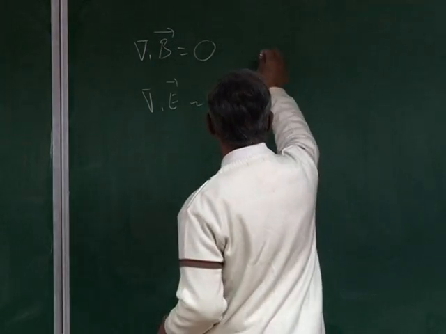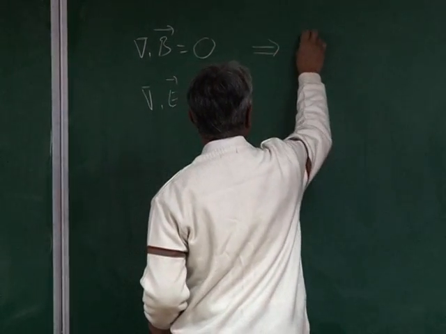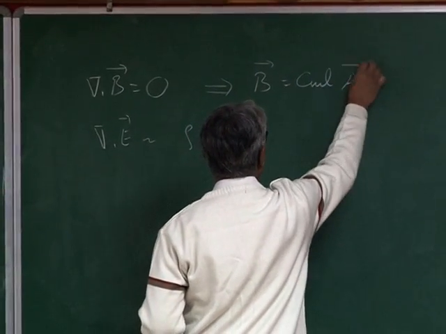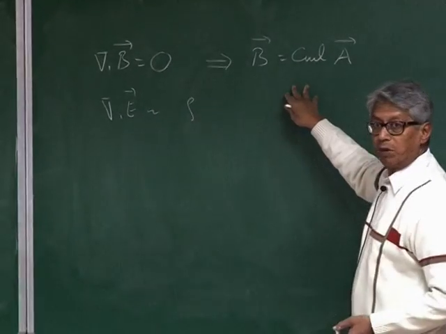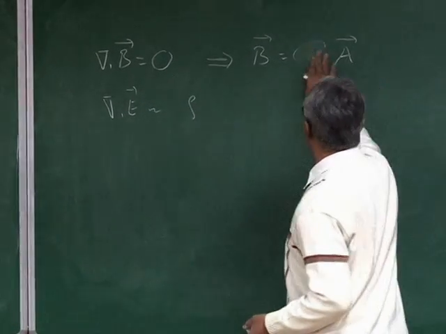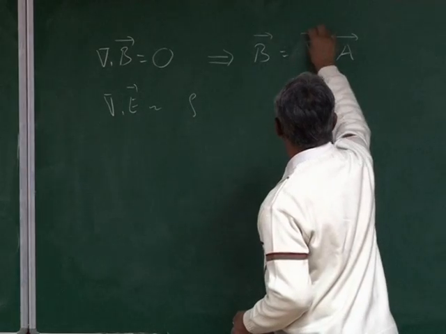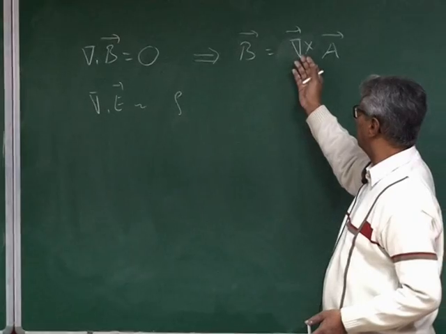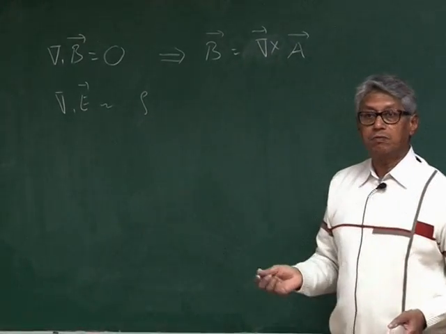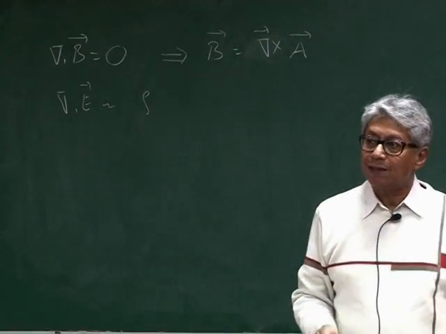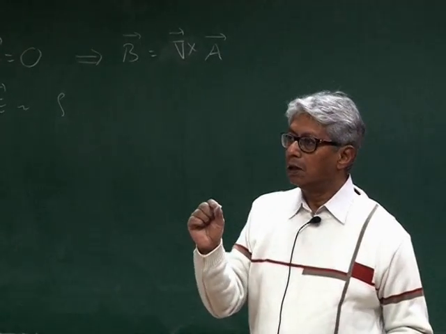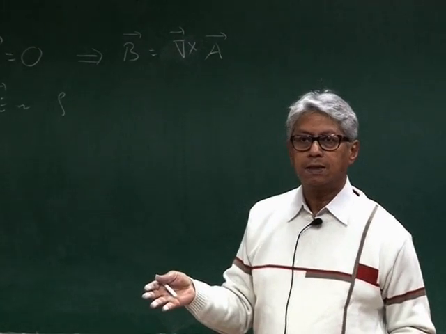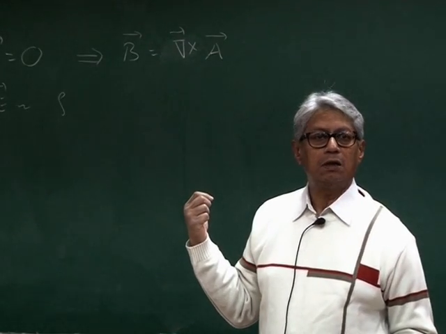So this says, therefore, I can write B as a curl of a vector, since I am using this notation, you write it as curl of A. So the property is that if you have the curl of a vector, then the divergence of it is equal to 0. But this relation tells you something more remarkable. Now what can I do to this curl of A?